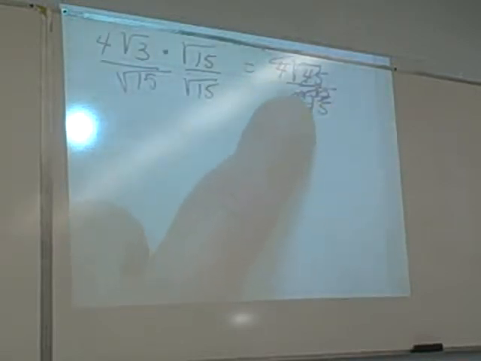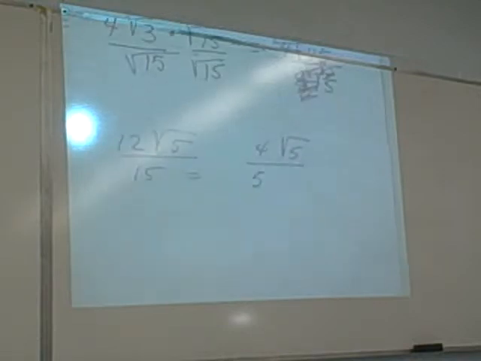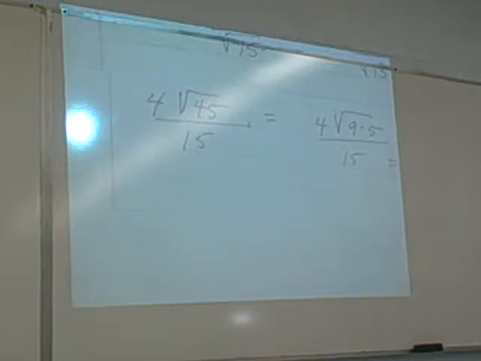And do I have a radical? No. No, and I did this in pen, so I couldn't erase. So here I go. Where am I? I have 4 times rad 45 over 15. What didn't seem right? No, I just didn't see, never mind. Okay, you're good? Okay. And then what do I do?